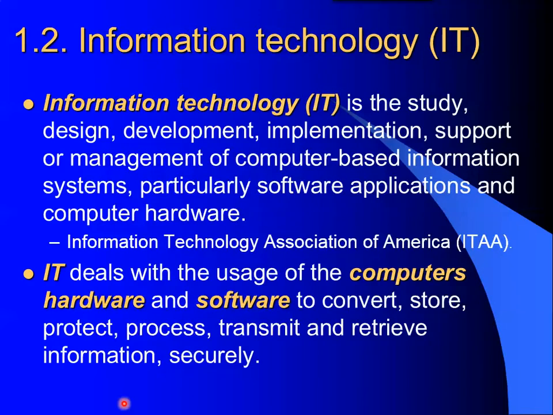So the scientific area dedicated to the study and development of these related activities will be information technologies. As an academic field, it studies, deals with the study, design, development, implementation, support, and management of computer-based information systems, particularly software applications and computer hardware solutions.